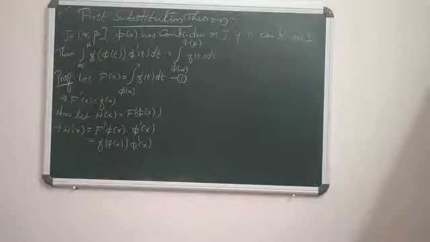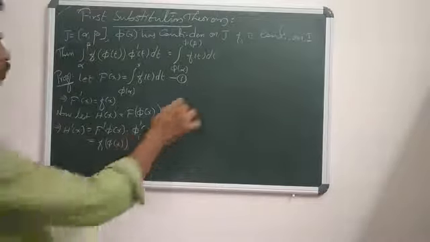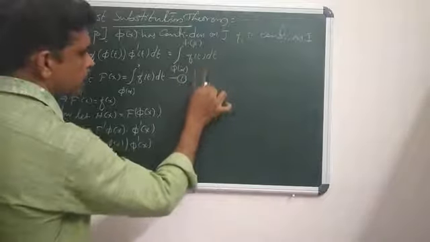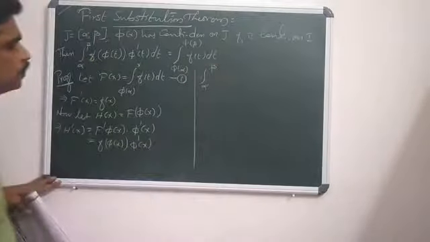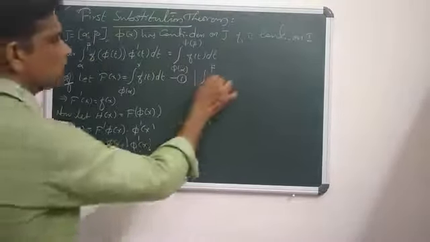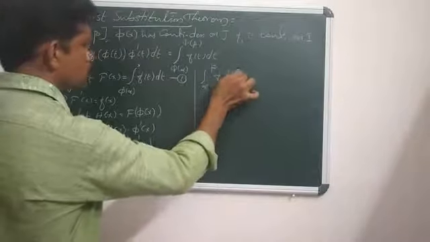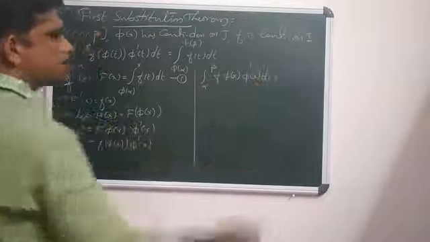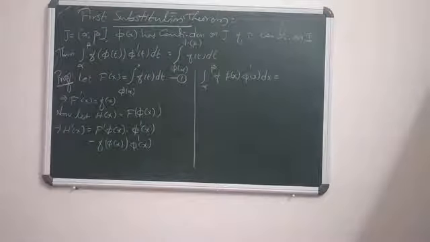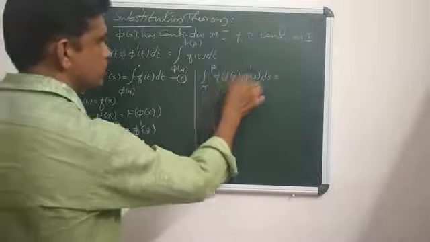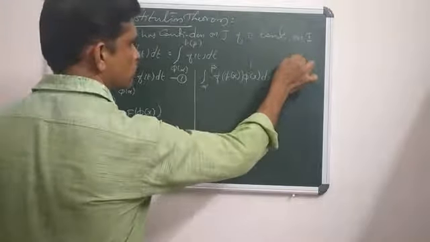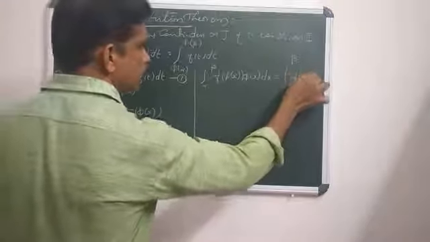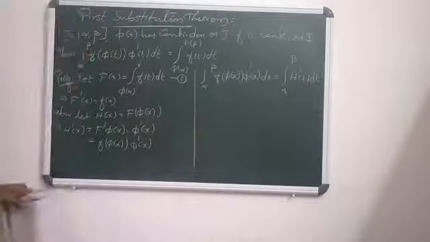So from here, what about the integral from alpha to beta of f of phi of x into phi dash x dx? What do you get? It is the integral from alpha to beta of h dash t dt. Agreed.